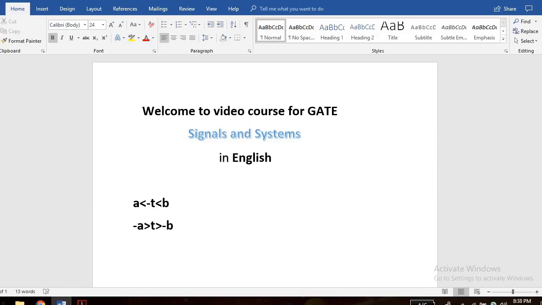So a into minus 1 is minus a, t into minus 1 is t, b into minus 1 is minus b. But you have to incorporate this symbol change also. Say for example you are multiplying with 2, or dividing by 2, a by 2 less than t by 2 less than b by 2, then it is not required. Only for multiplying with minus 1 there is a symbol change and it is required.